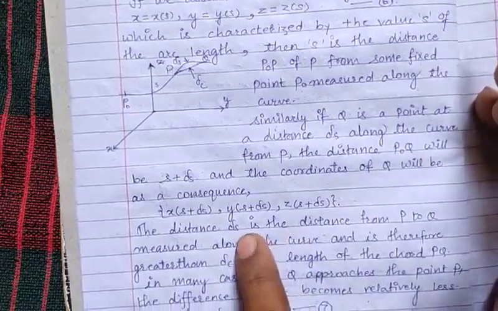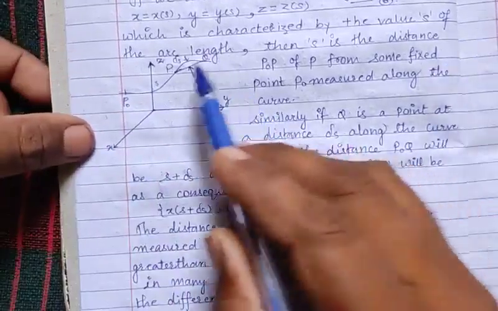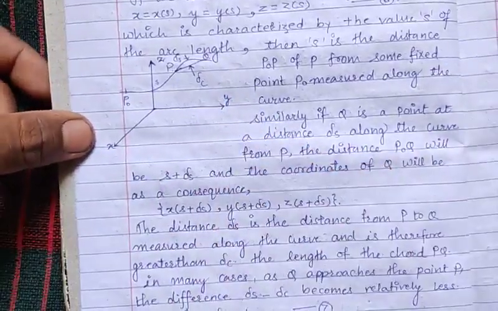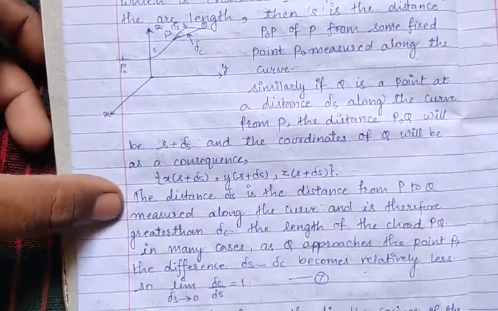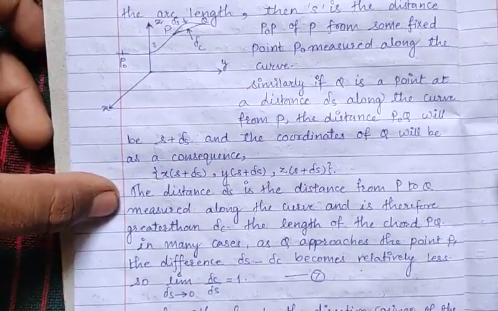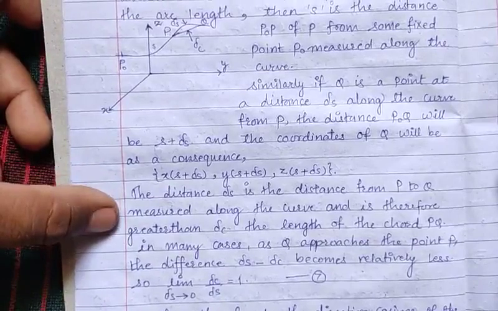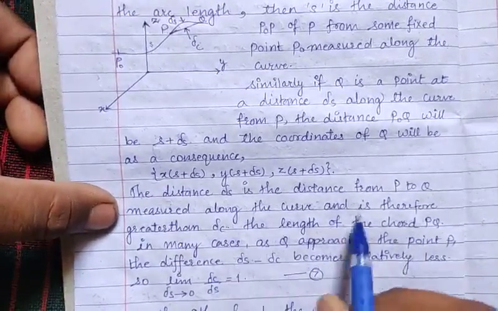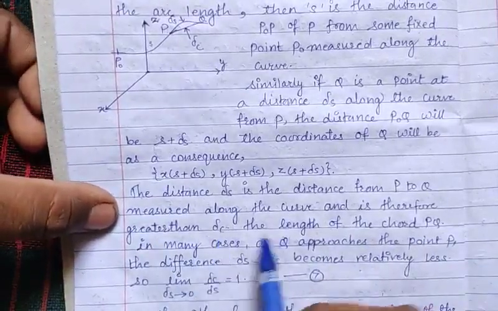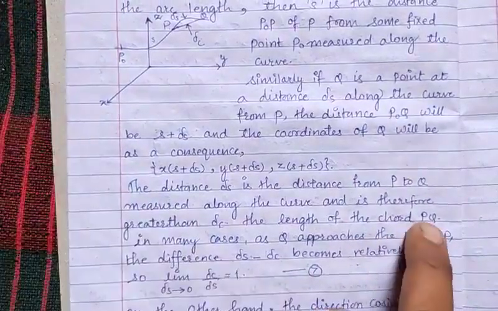So the distance delta s is the distance from p to q, measured along the curve, and is therefore greater than delta c, the length of the chord pq.